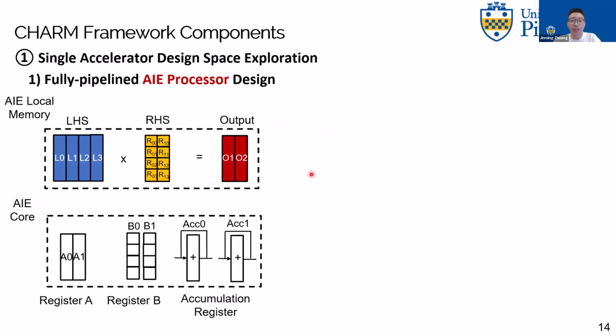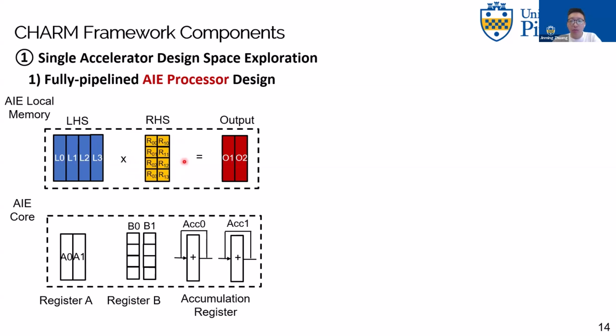Assume that here we have 4 vectors of 4 elements in the left-hand side matrix, which is L0 to L3, and we have 2 vectors of 4 elements of right-hand side matrix, that is R0 and R1.